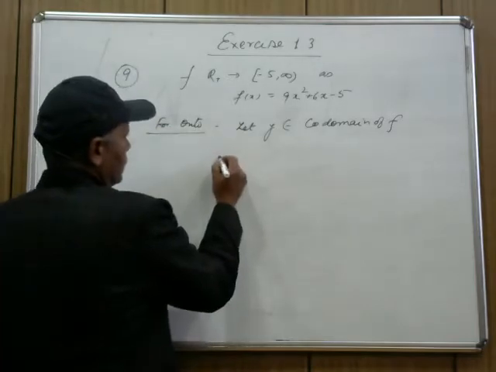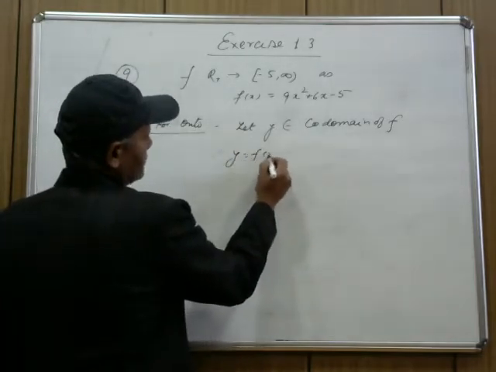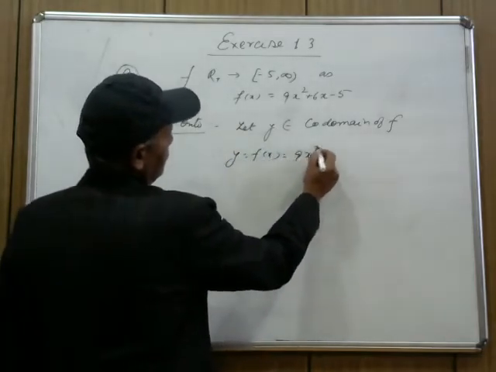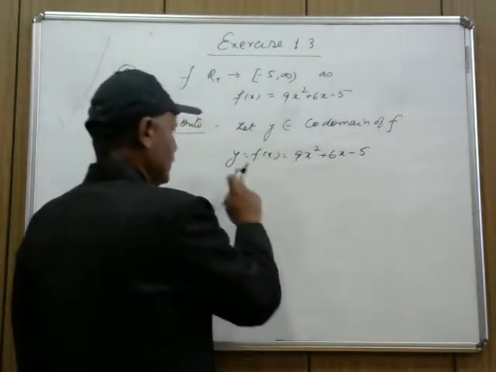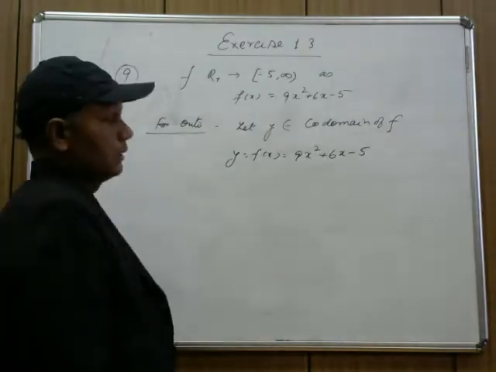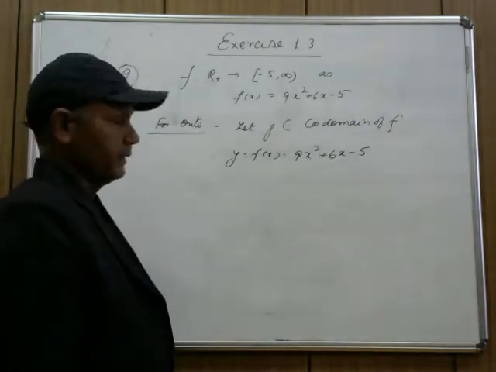Now y is equal to f of x, which is 9x square plus 6x minus 5. Here y is in terms of x. Now I have to write x in terms of y.